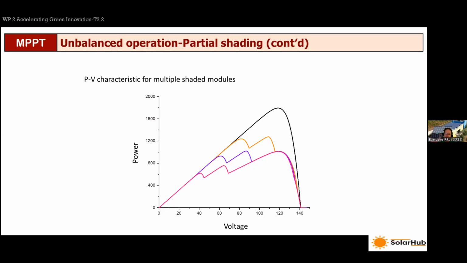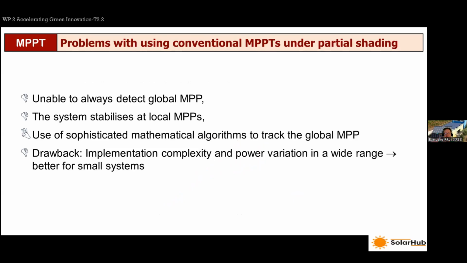So even though we are not going to go into details about the specific methods themselves, the most important takeaway is that this asymmetrical operation could lead to some problems regarding the performance of the system. And of course, here is a summary of the problems that the conventional MPPT techniques face when they have to detect the global maximum power point in a situation like this.